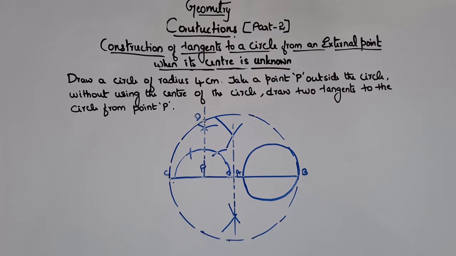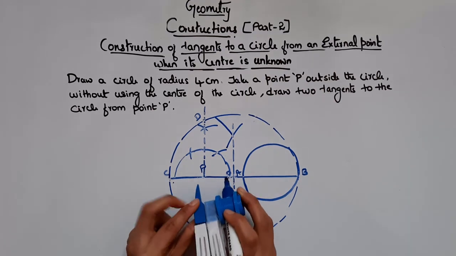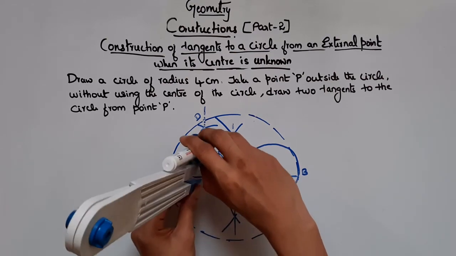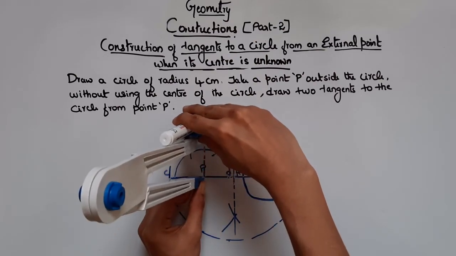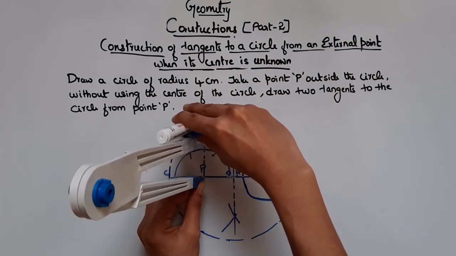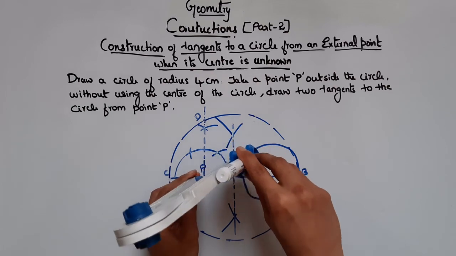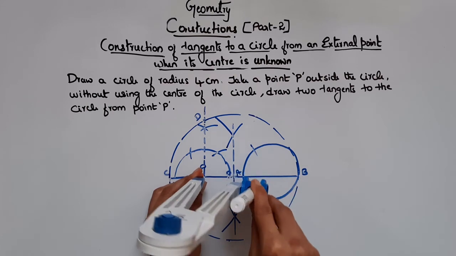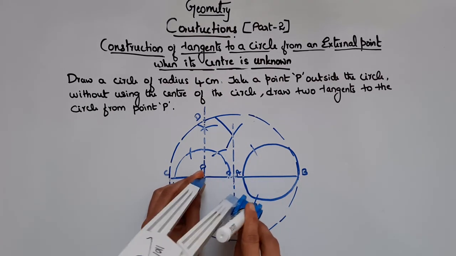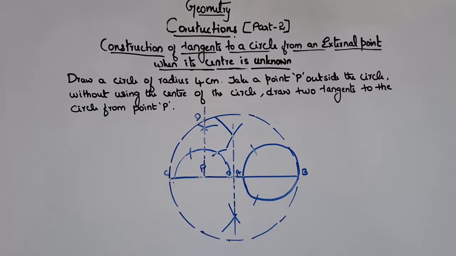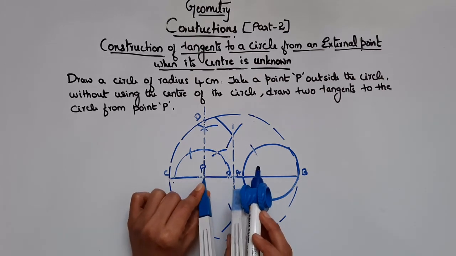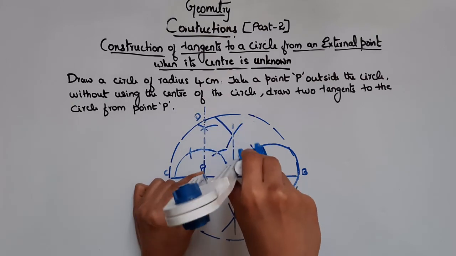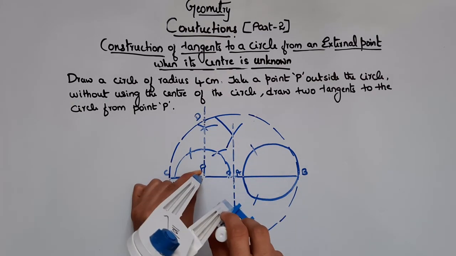So once you have done this, you will keep your compass at point P, taking P as center and PD as radius, like this. PD as radius, you will cut this given circle at 2 points like this, see. So I repeat, you will keep your compass at point P and taking PD as radius, you will cut this given circle at 2 points.